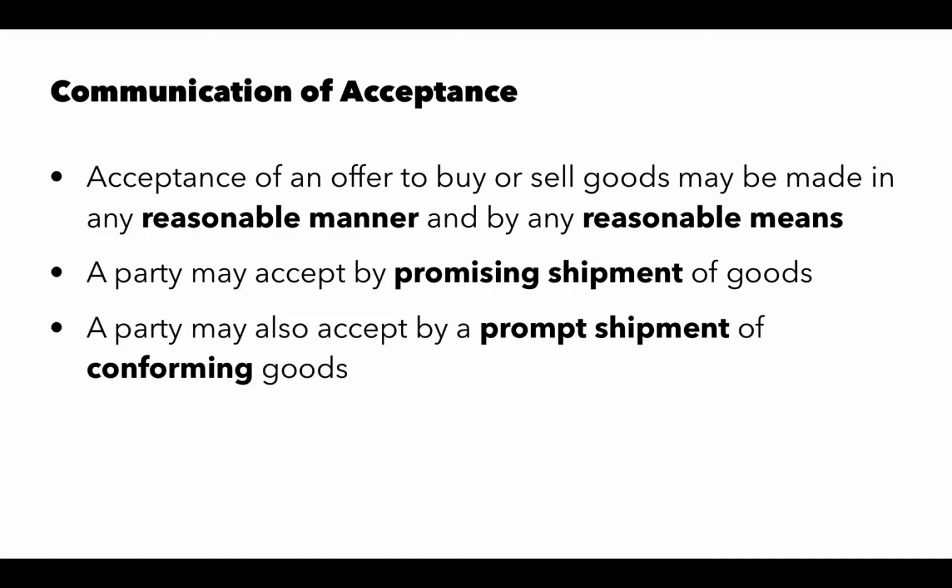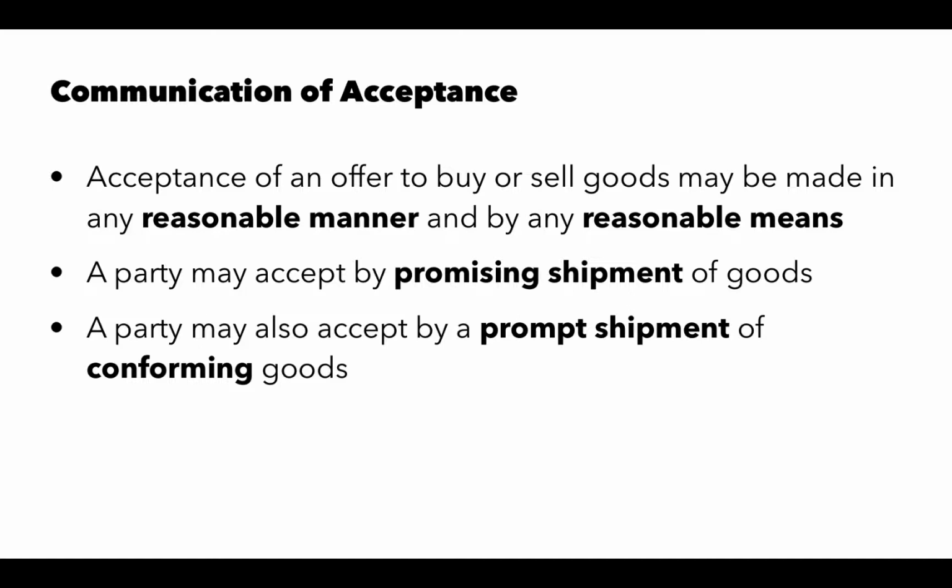A party may also accept by a prompt shipment of conforming goods, meaning goods that match the goods specified in the contract in every detail. So if I ship those out, then I have accepted the offer, regardless of whether I sent a separate, formal acceptance to the offeror.